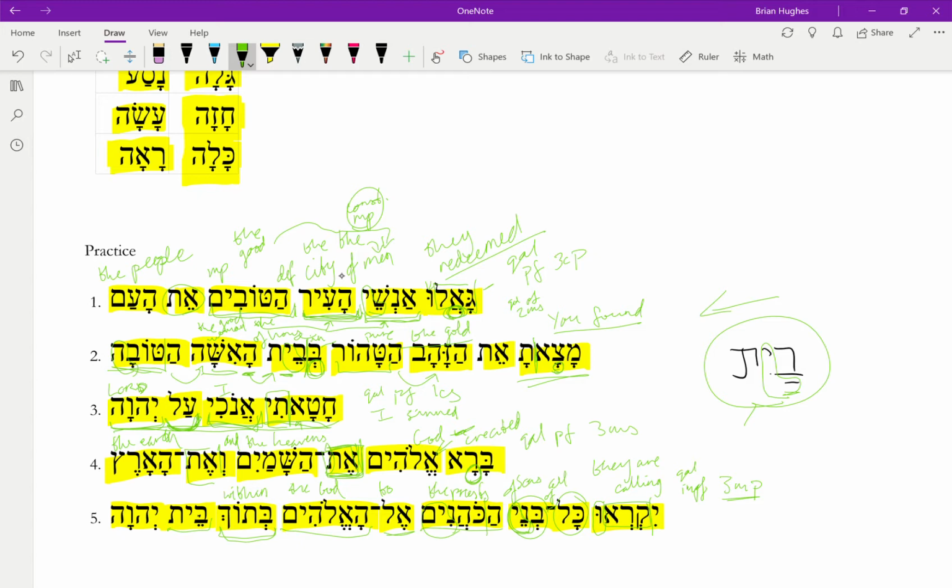It takes too long for the speaker to say bayit, and we want to get to the accent on the next word, so it just becomes beit. Adonai is the Lord. So this would be temple of the Lord. And it's a personal name, and so it becomes definite. So this is all of the sons of the priests are calling to God within the temple of the Lord.